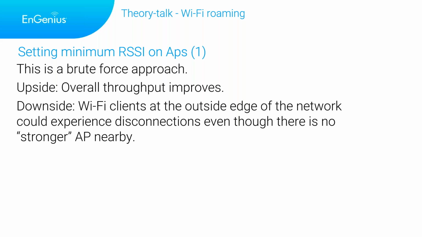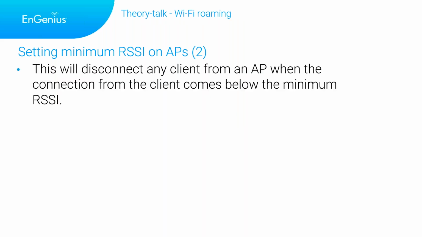So if somebody is walking outside the building, the one that he's connected to can be the only one he can connect to, but it can get disconnected when you set this up like this. So it will disconnect any client from the access point when the connection becomes too low.